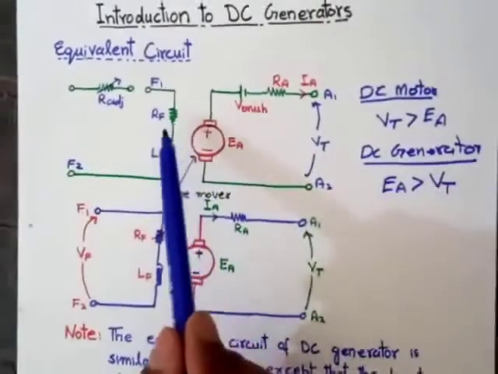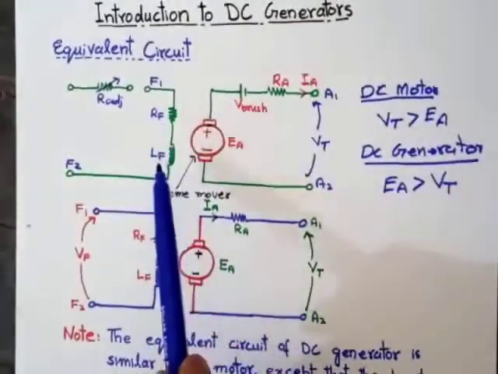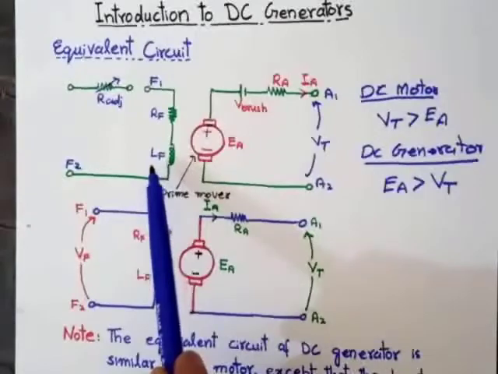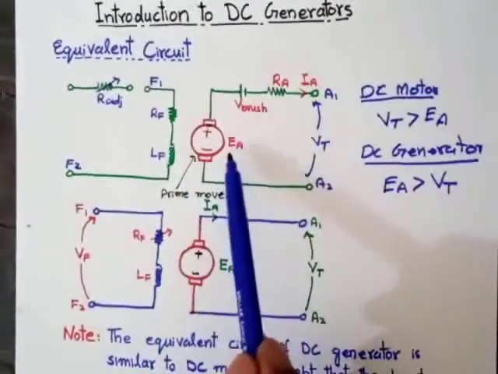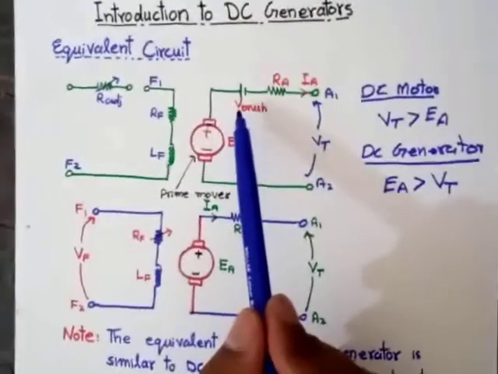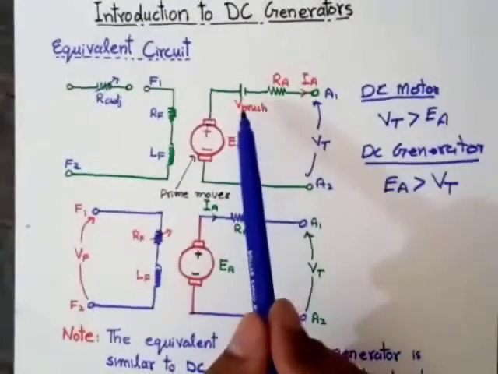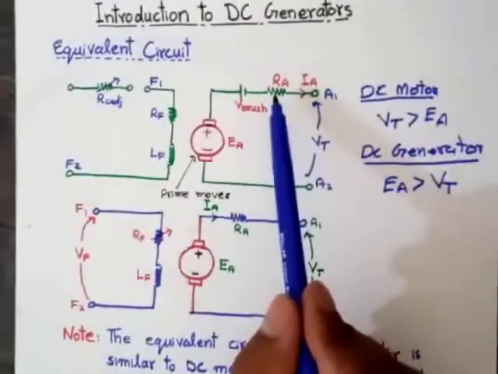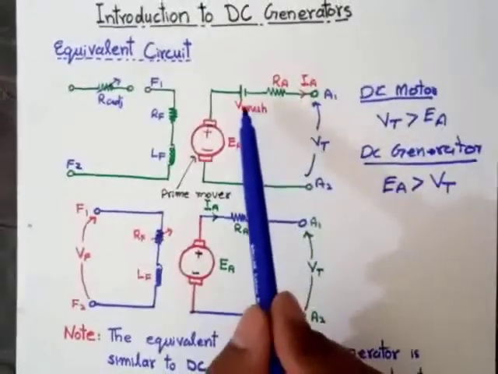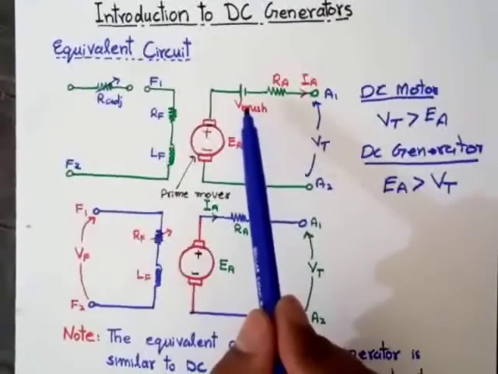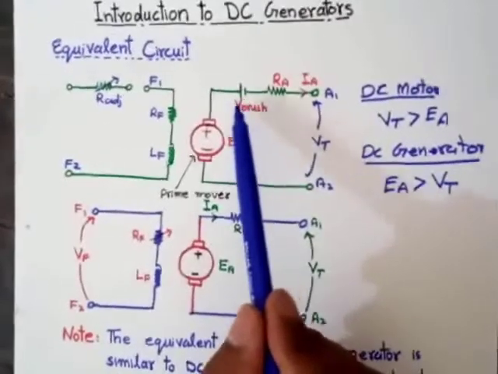This is the internal resistance of the field winding and this is the inductance due to flux. This is the internal generated voltage and this voltage is called the brush drop voltage, where RA is the armature internal resistance. Because as we know, the voltage will drop across the brush.